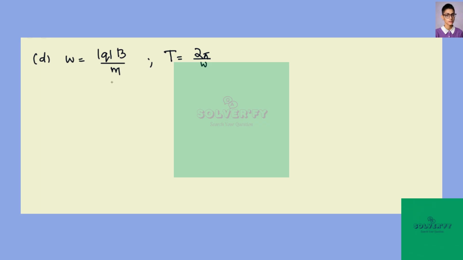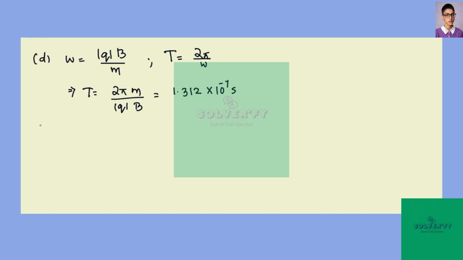So using these two equations, we get T is equal to 2 pi m over the magnitude of Q times the magnitude of the magnetic field. So we solve this and we get this value to be 1.312 times 10 to the power minus 7 seconds.